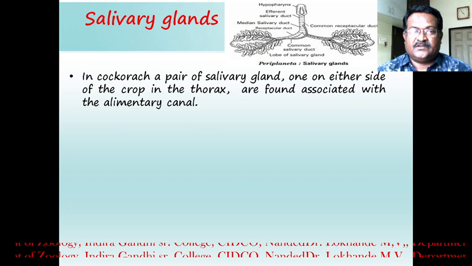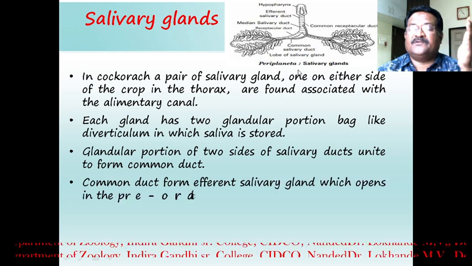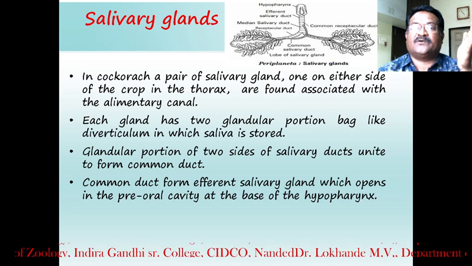This common duct from the different salivary glands opens into the pre-oral cavity at the base of the hypopharynx. The common salivary duct runs below the esophagus, through the neck, and opens at the base of the tongue, or hypopharynx.